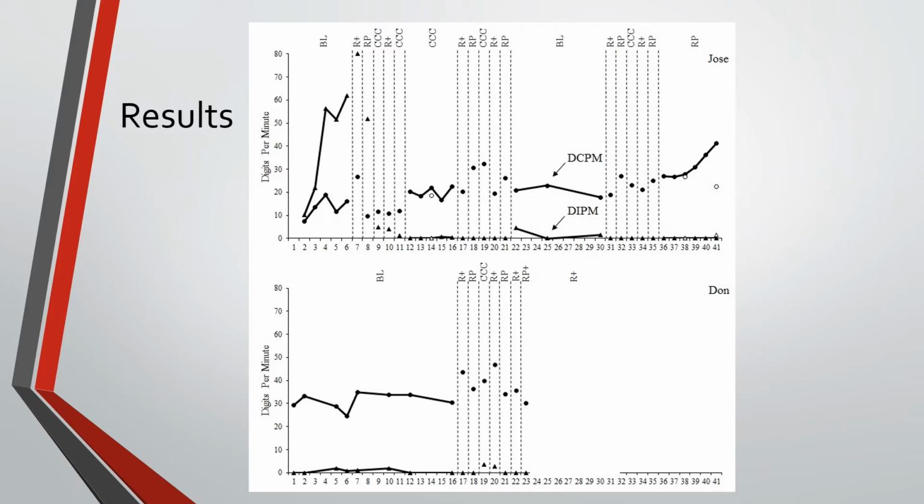And so then in implementing contingent reward, we see this outcome in his digits correct and digits incorrect per minute, which are fairly variable, and essentially it was getting to a point where it is impossible for Don to work any faster than what he was already working at.